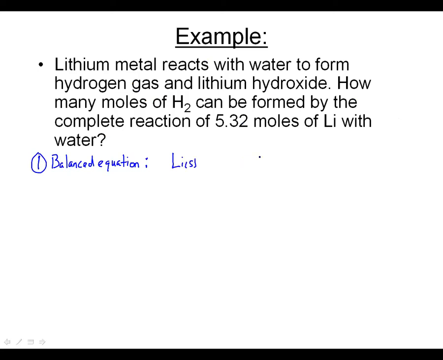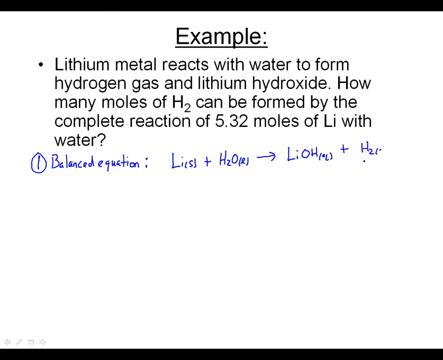It reacts with water, which is H2O. And that forms lithium hydroxide, which is LiOH, Li plus 1 in that case, OH minus 1, obviously. And that produces also hydrogen gas.